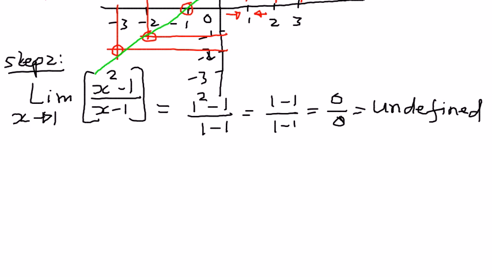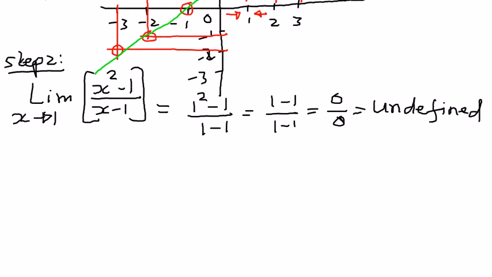We can also explain the same concept by picking points very close to the value 1, and then observing that the function is going to be undefined at the point when x is equal to 1.